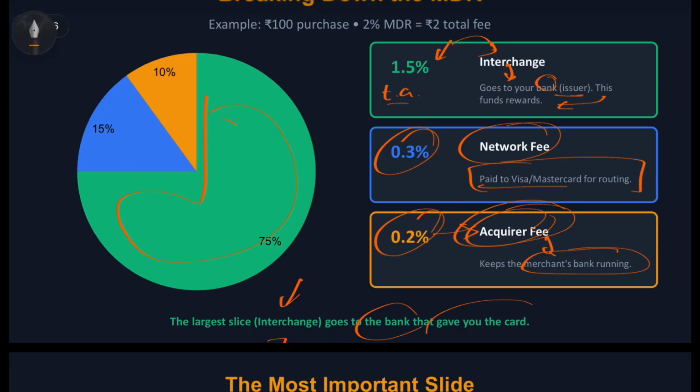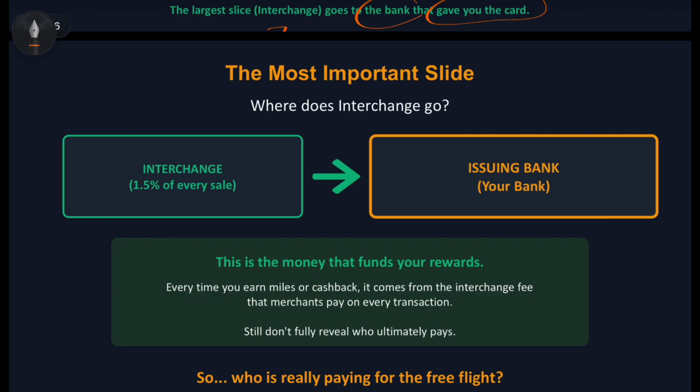So the largest slice actually goes to the bank that gave you the card itself, the issuing bank. We have established that. This is the money that eventually funds your rewards. So every time you earn miles or cashbacks, it all comes from the interchange fees that the merchant pays on every transaction.